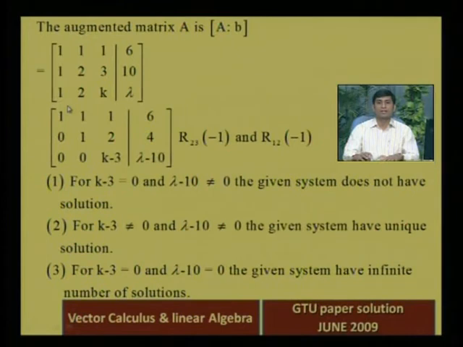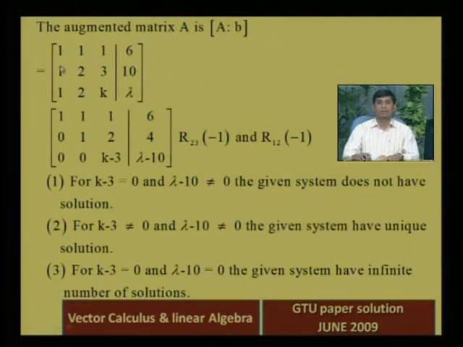So whatever the change is, it is in the third row. When we multiply the second row by -1 and add into the third row, the third row becomes 1 minus 1 is 0, 2 minus 2 is 0, k minus 3, and lambda minus 10. Next we multiply the first row by -1 and add into the second row.